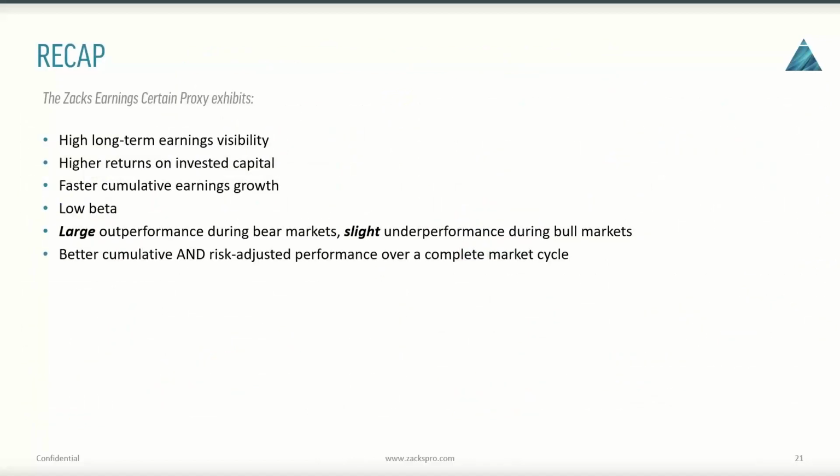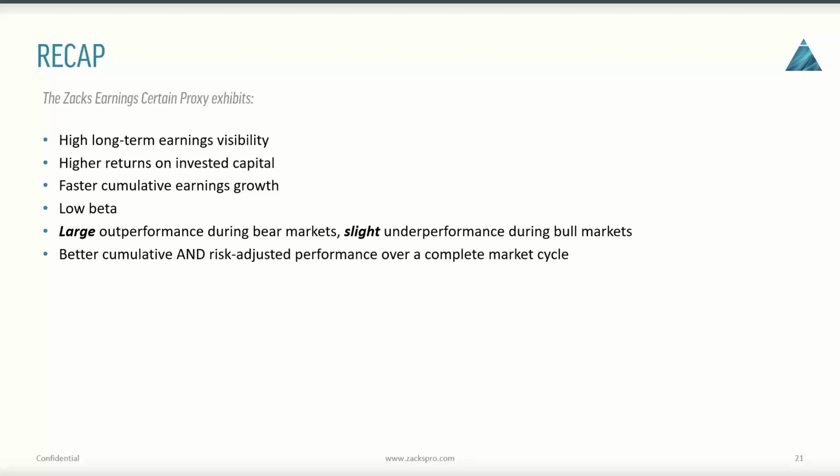So again, to recap, we have in our portfolio higher long-term earnings visibility. These are companies that have higher returns on invested capital, faster growth over time because of that high ROIC. They are low beta stocks inherently. And so we get large outperformance during bear markets, like in 2022.